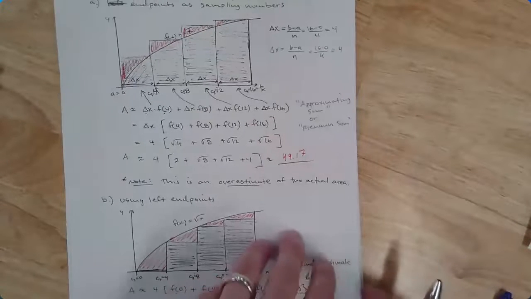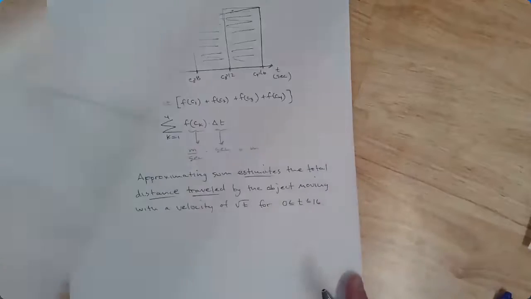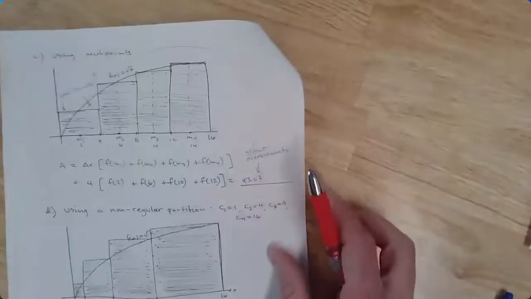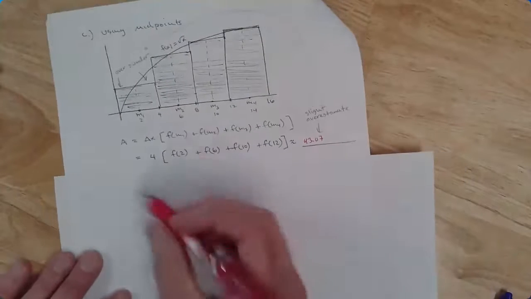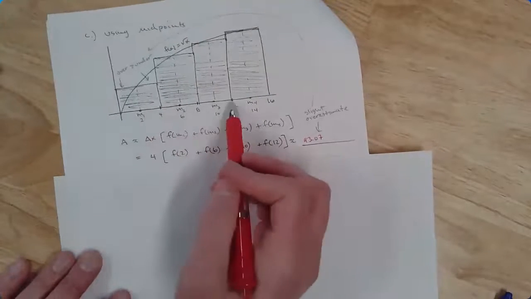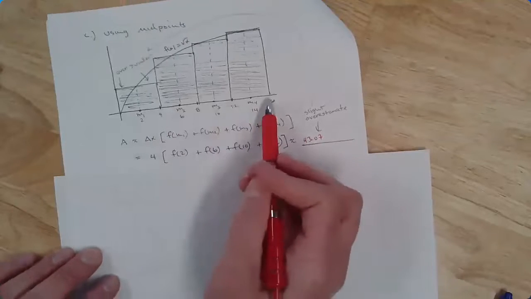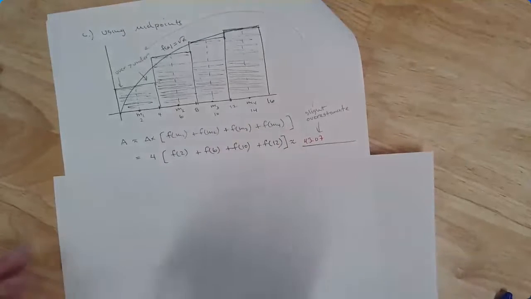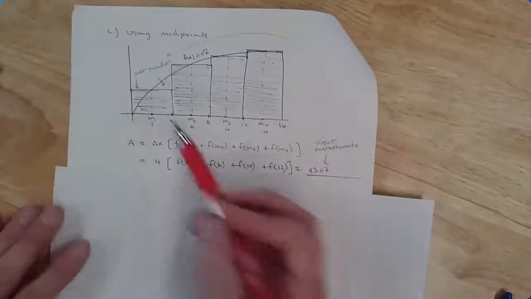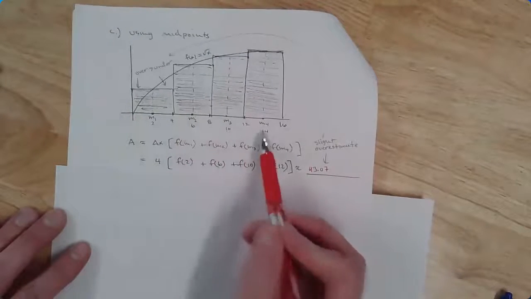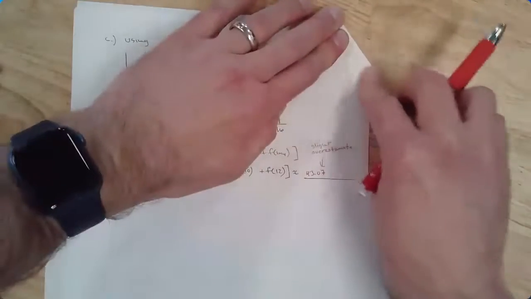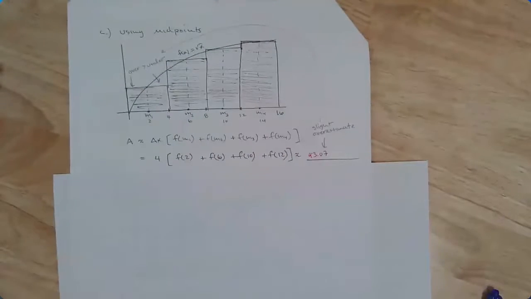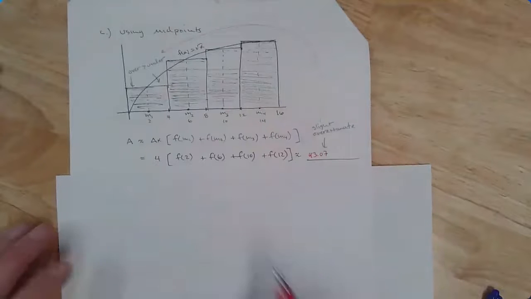So just to go on with this for another moment, we could also use midpoints if we wanted to. Instead of using 0 and 4 and 8 and 12, or 4 and 8 and 12 and 16 as our left or right endpoints, we could use the midpoint of each subinterval, 2 and 6 and 10 and 14, and plug in those values to your function, which is still the square root function, to get heights.